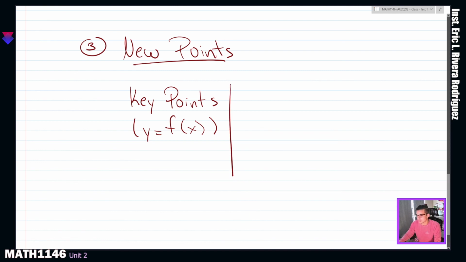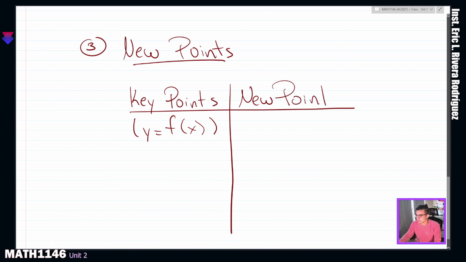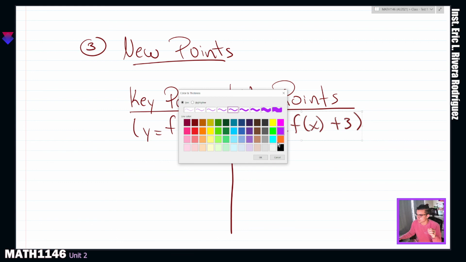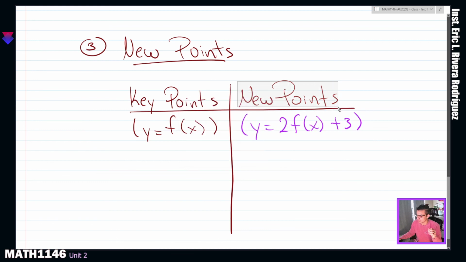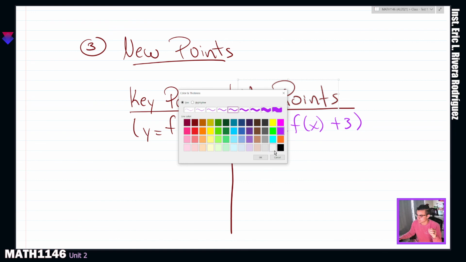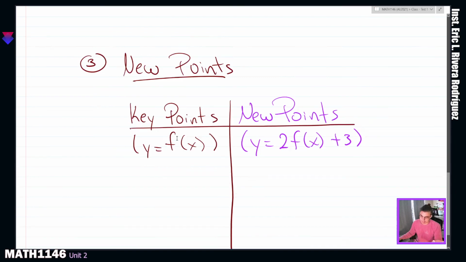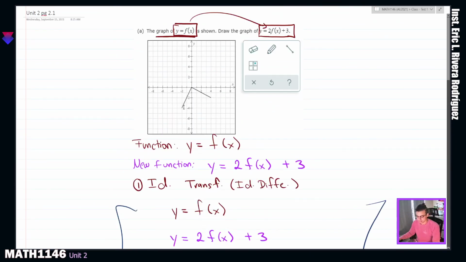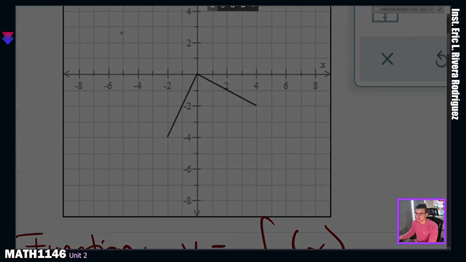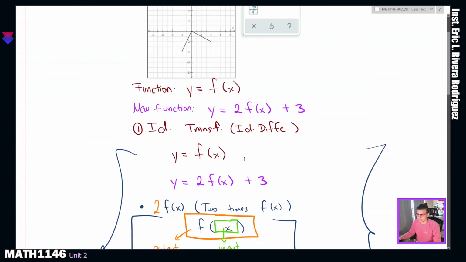With those key points, we are going to get the new points. And the equation for the new points is y equals f of x plus 3. And it should be consistent. We are going to use the color purple for the new points. So now we need to go back to our graph and get those key points.